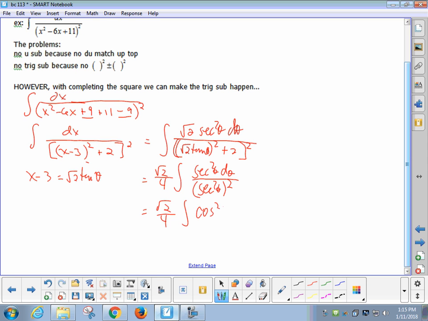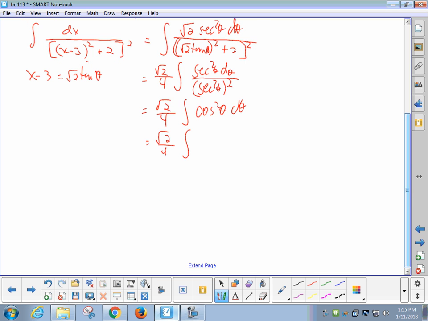How do I deal with cosine squared? How do you do cosine squared? One half, one plus cosine 2 theta.